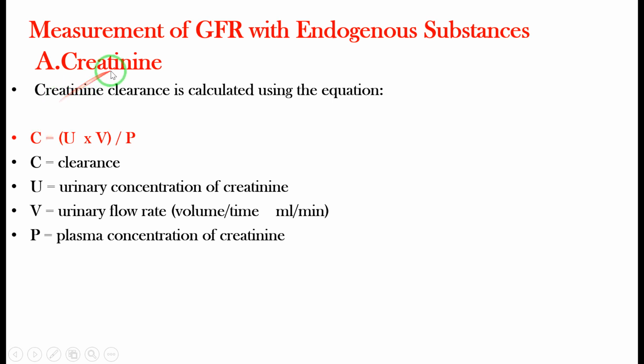How much of the creatinine can be cleared from the kidney in a unit time? This is the clearance, and the clearance reflects the glomerular filtration rate. And the glomerular filtration rate is the best indicator of the glomerular function and reflects the number of functioning glomeruli.